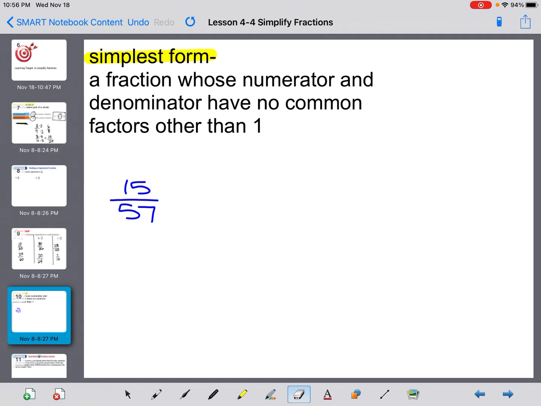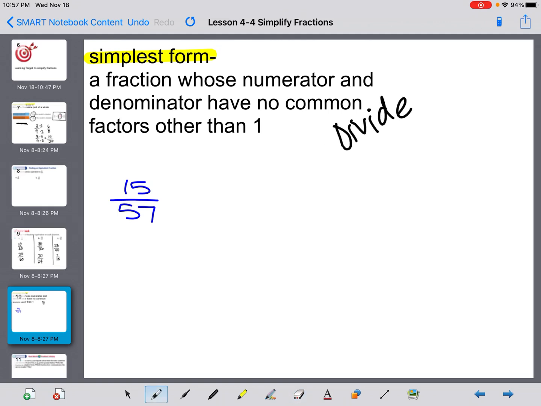So when we were doing GCF yesterday, sometimes their common factor was 1, and that was okay. That means that it would be in simplest form. If you can divide by something other than 1, that means you're not in simplest form.